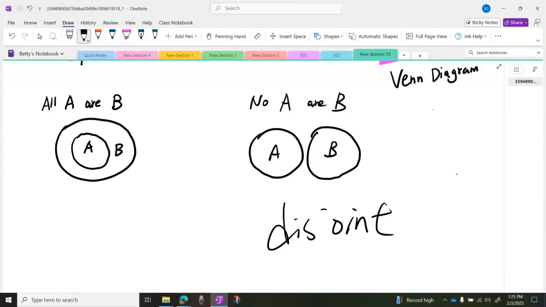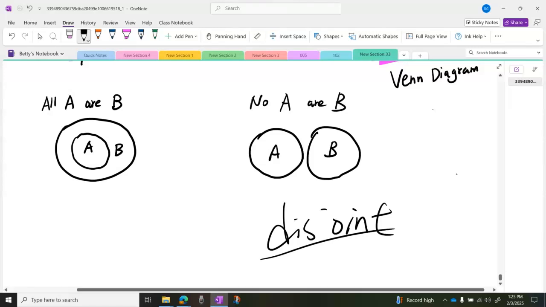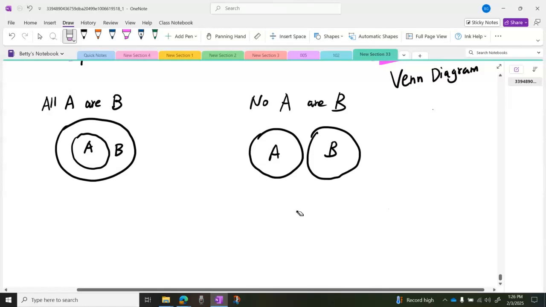It describes the relationship of 2 sets. In this case, the statement says no A are B. The 2 sets do not overlap. They are disjoint or mutually exclusive. No A are B. That's the second type of quantified statement.